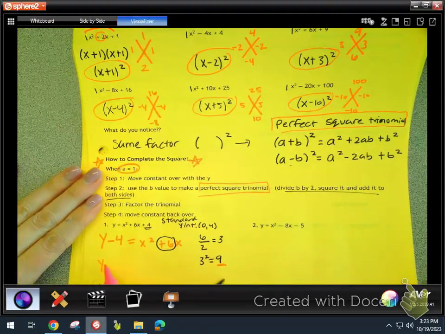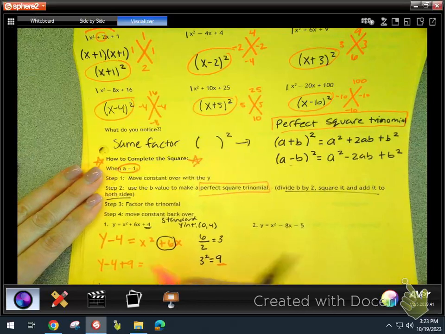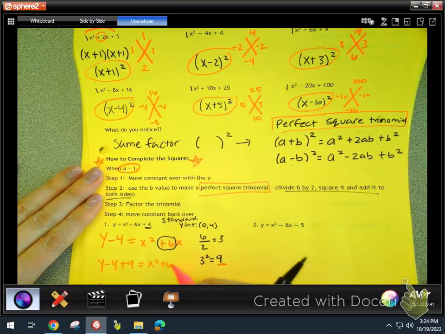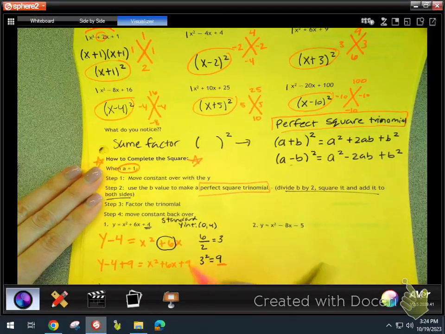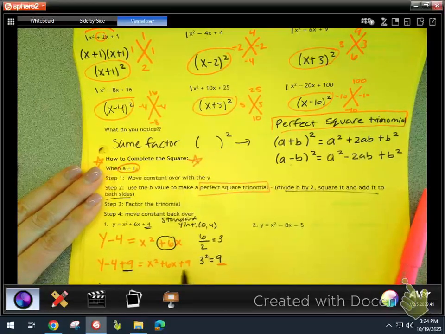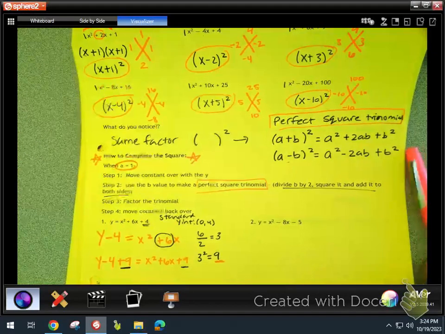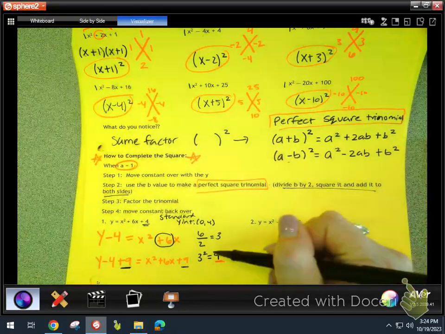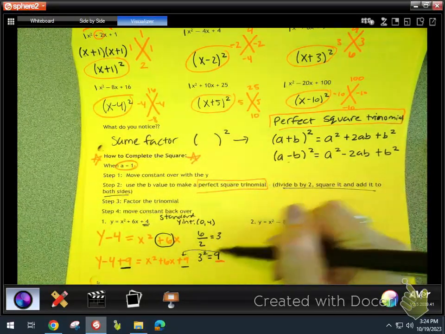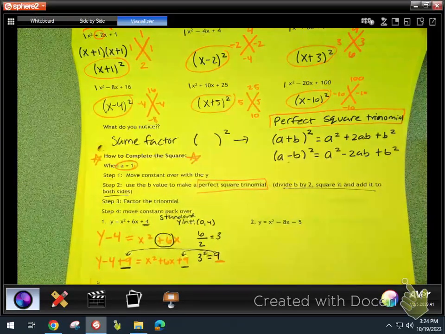It's going to say y minus 4, but I'm going to do a plus 9 on the left, and that's okay as long as on the right-hand side I do x squared plus 6x plus 9 on the right. So this is going to go on the left, on the right, the squared guy.